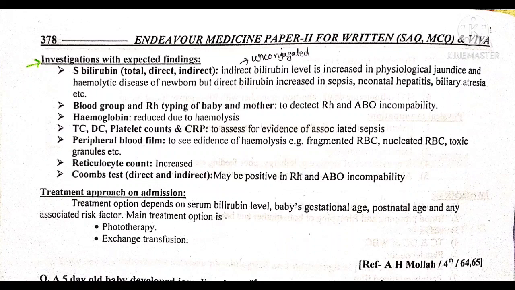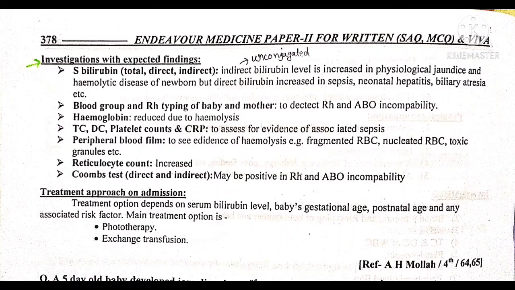Then peripheral blood film is checked to see evidence of hemolysis, example fragmented RBC, nucleated RBC, toxic granules, etc. Reticulocyte count is also increased. Then Coombs test, direct or indirect, may be positive in Rh and ABO incompatibility. Then treatment approach is done.